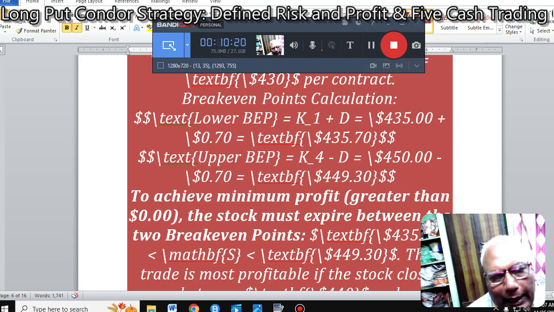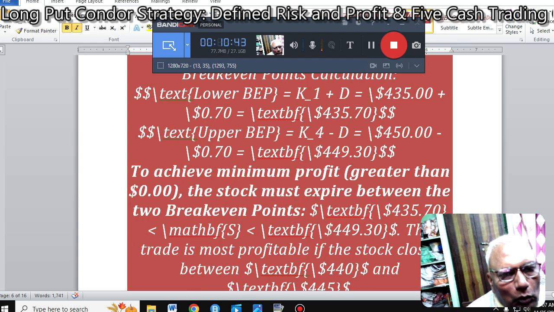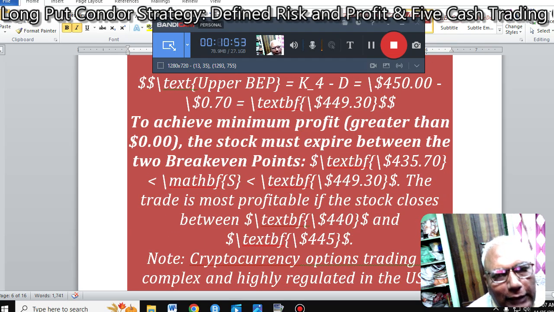Upper BEP equals K4 minus D, equals $450 minus $0.70, equals $449.30. To achieve a profit greater than $0.00, the stock must expire between the two break-even points.